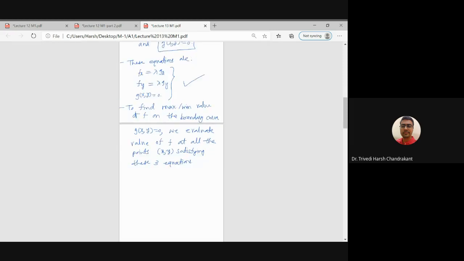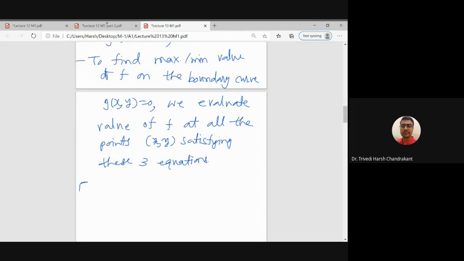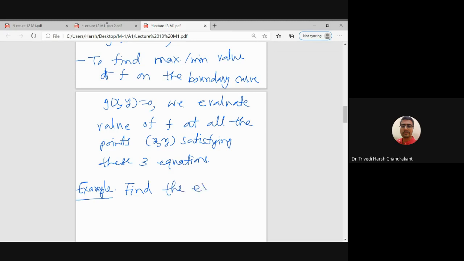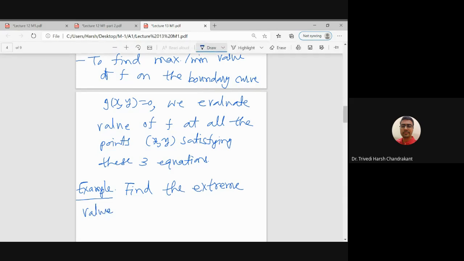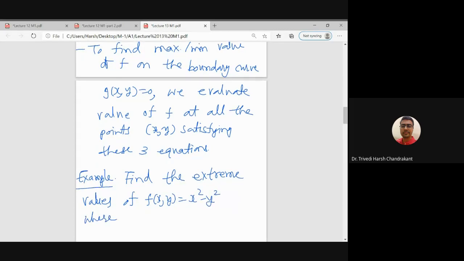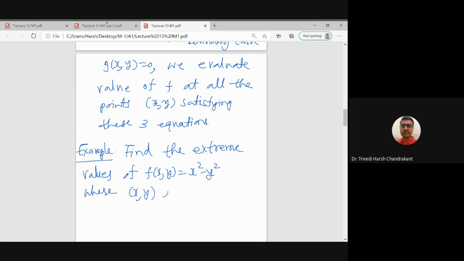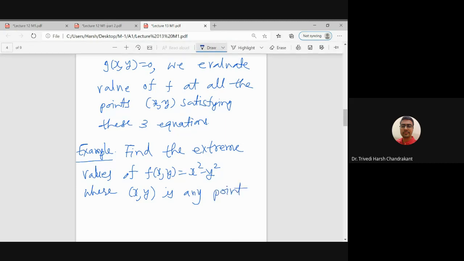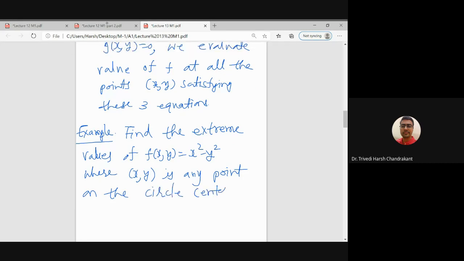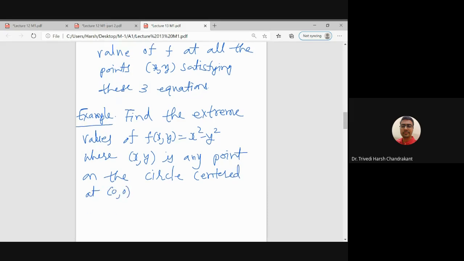So let us see one example here. Find the extreme values of the function fxy equals x square minus y square, where xy is any point on the circle centered at origin with radius 1.